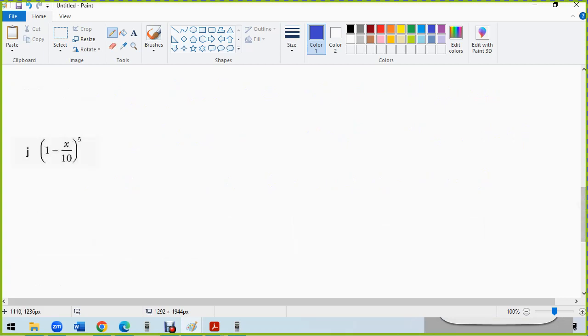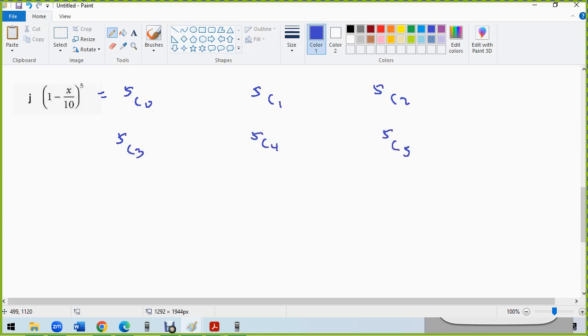Okay, so we have this one. So 5C0, 5C1, 5C2, 5C3, 5C4, 5C5.